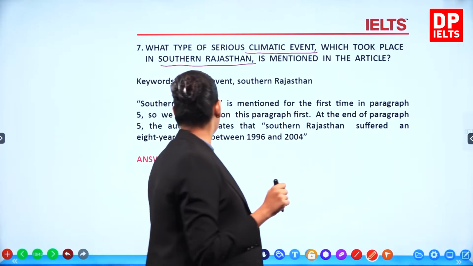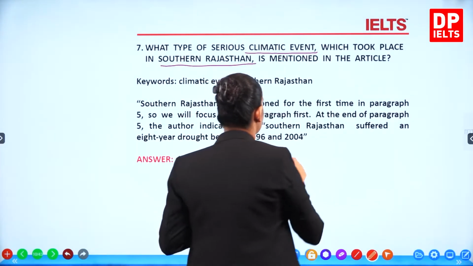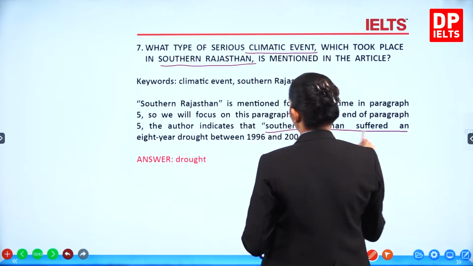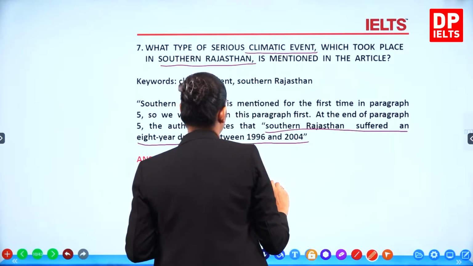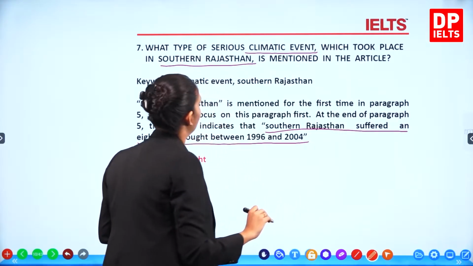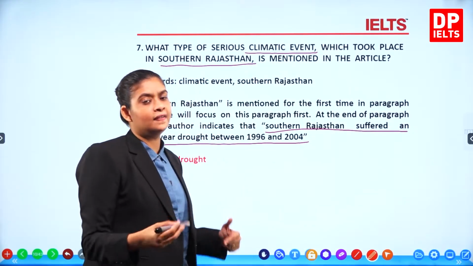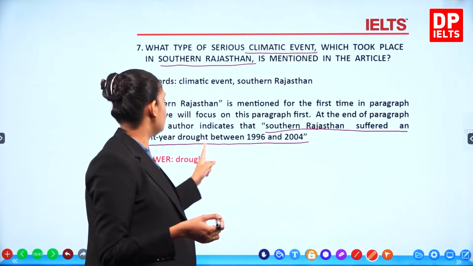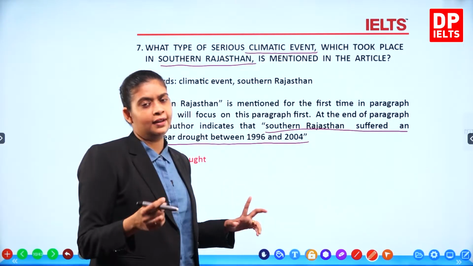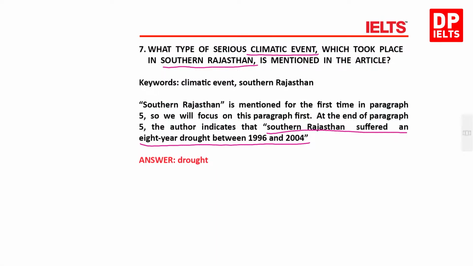At the end of the paragraph, the author indicates southern Rajasthan suffered an 8-year drought between 1996 to 2004. So what is the event that took place in southern Rajasthan? A drought. So the answer is drought.